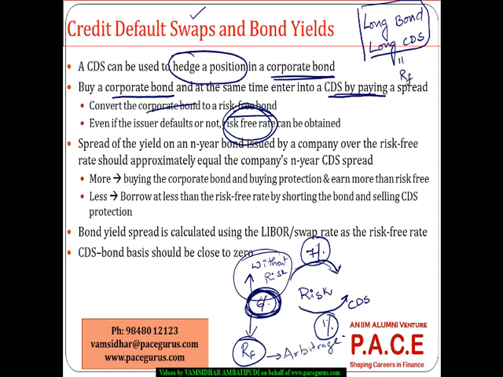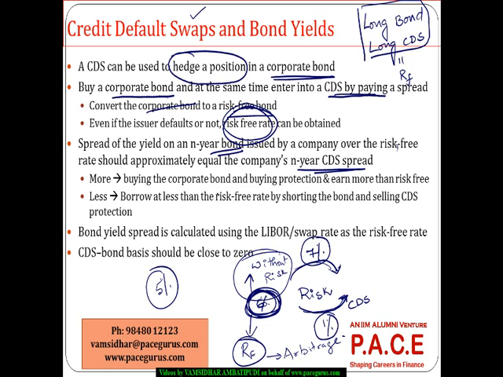And so the spread of the yield on an N-year bond issued by the company over the risk-free rate should be approximately equal to the N-year CDS spread. Now, if the risk-free rate is 6%, then the spread for the CDS should be exactly equal to 1. If it is more, I can think of buying the corporate bond and buying the protection, which will give me, let's say, 6%, whereas the risk-free rate is only 5%, then I am getting a benefit of 1%.